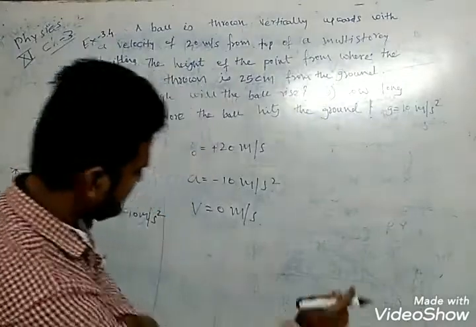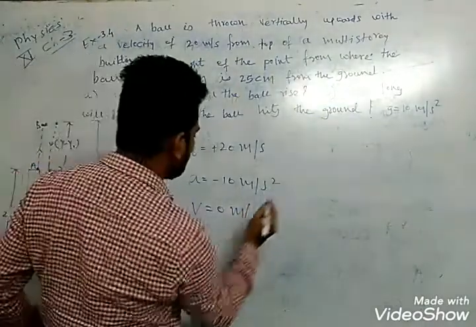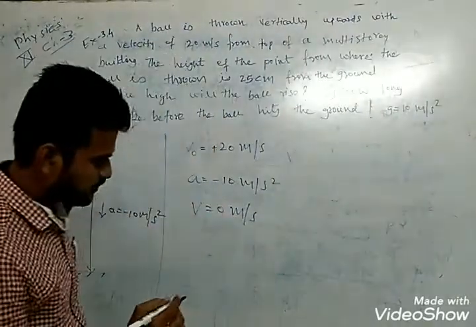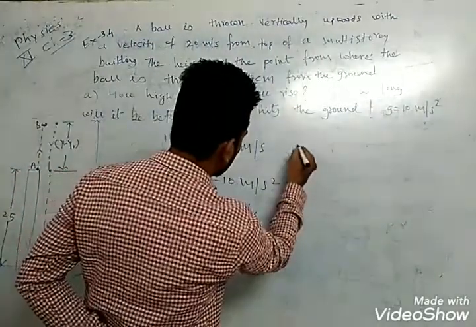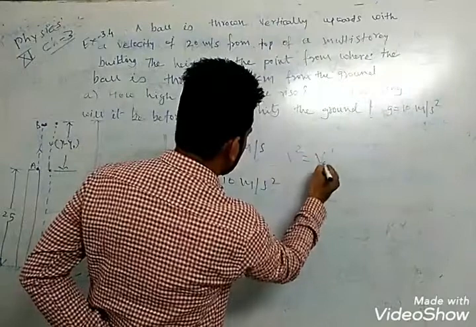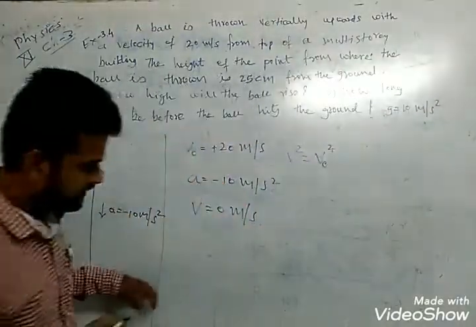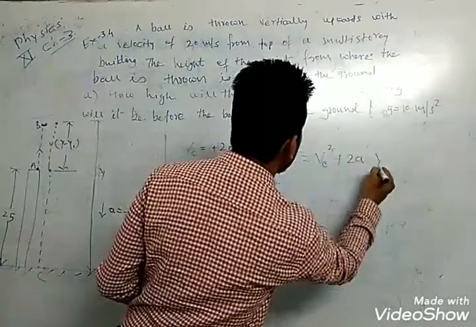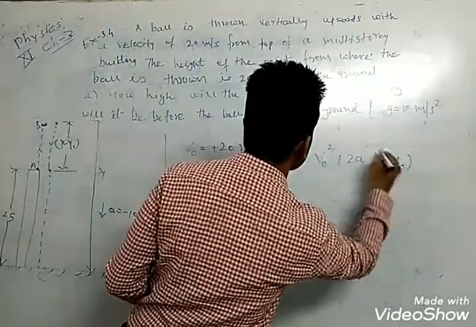So in this case the equation is v squared equals v0 squared plus 2a(y minus y0).